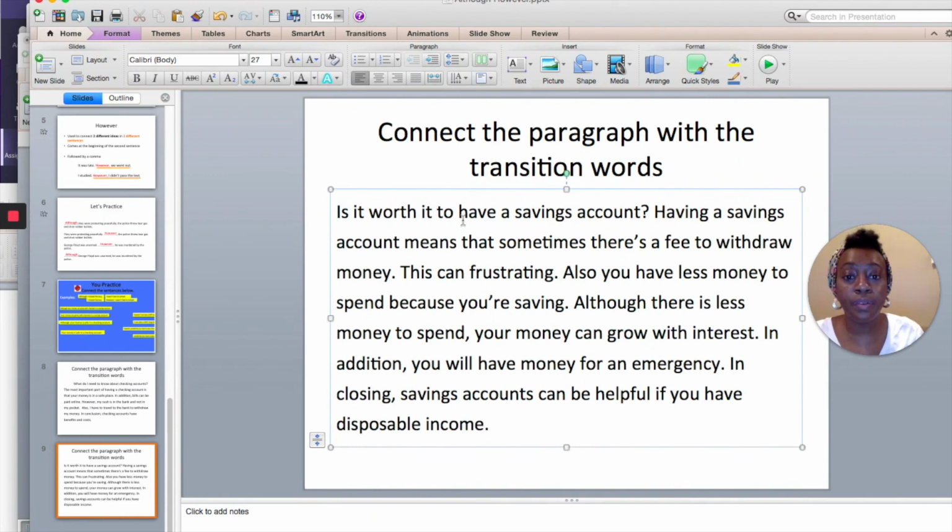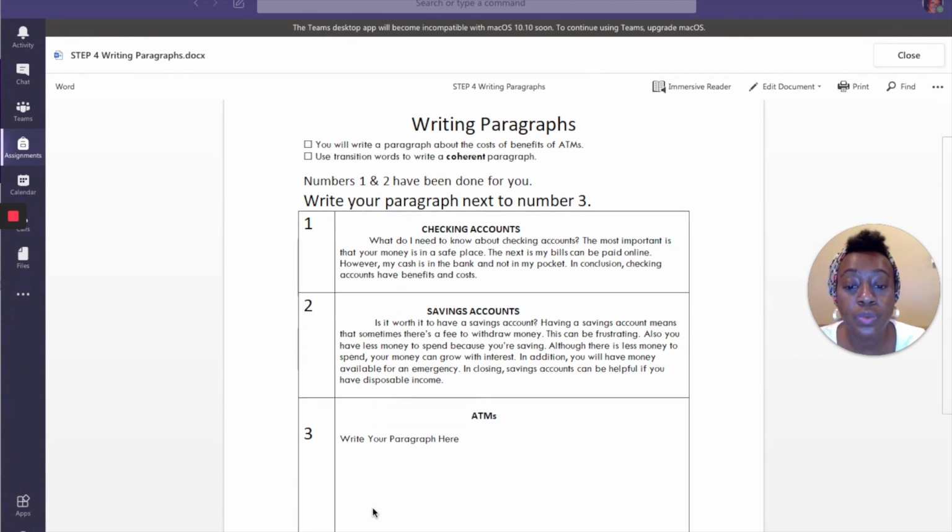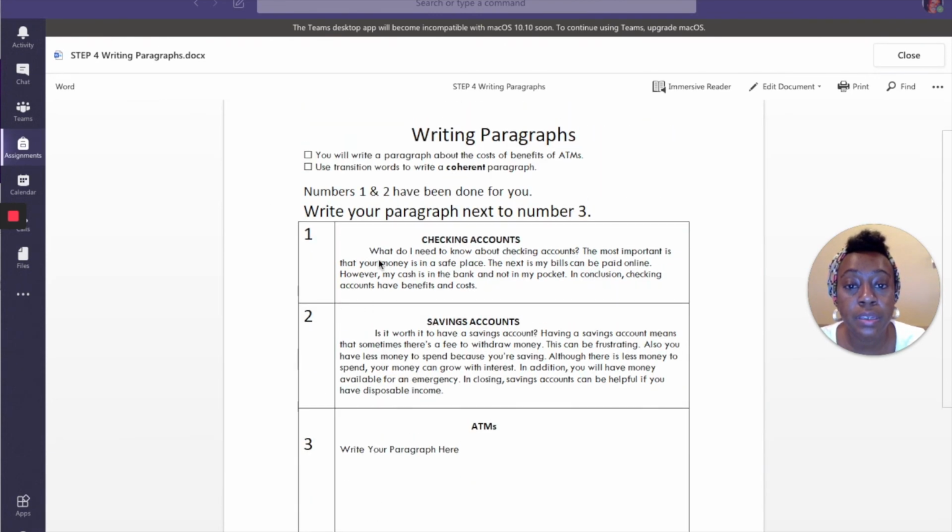Okay, so we have our 2 paragraphs here. Now I'm going to show you where you will type your paragraph. So you are going to open the document that says step 4. It should bring you to this page, and you will see that I already typed the paragraphs for you here.